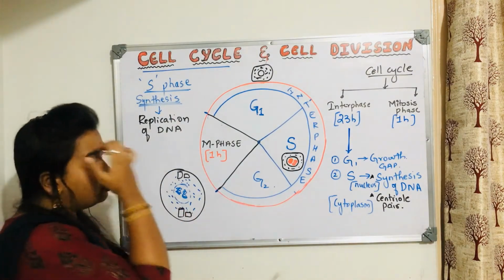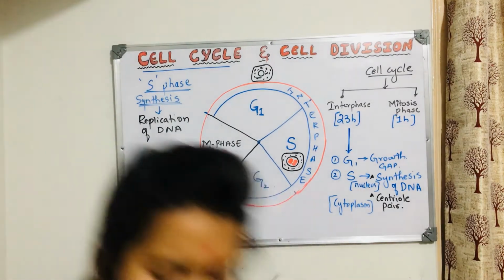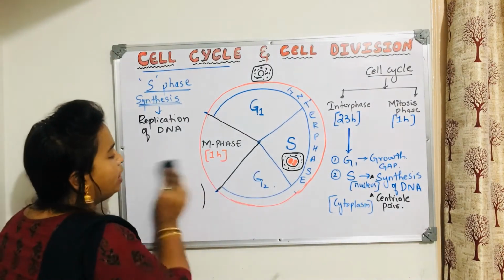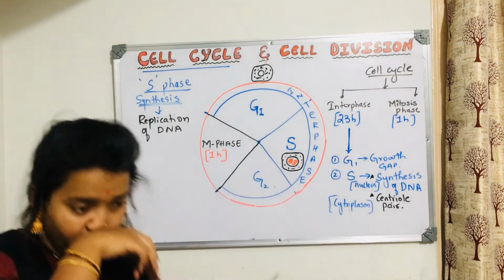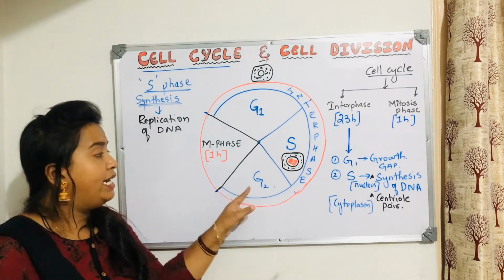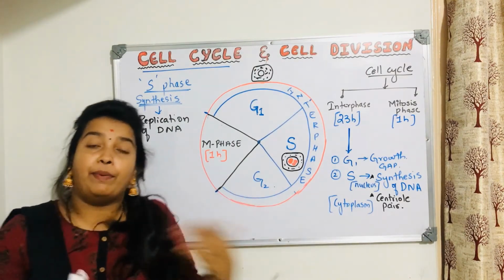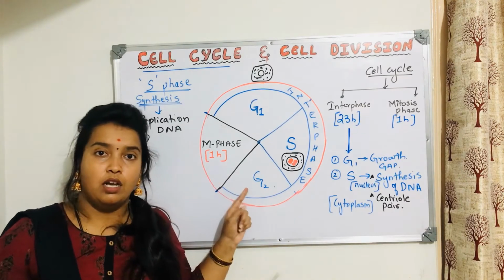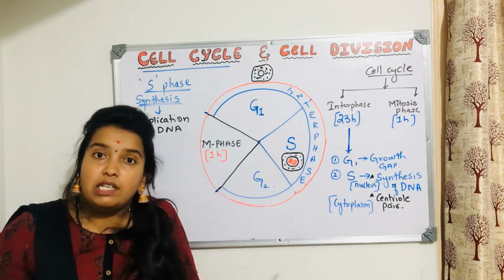Now coming to G2 phase. What will happen in the G2 phase? It is very easy, not that difficult for you to understand. In G2 phase, the main thing is that the cell needs to divide, so this phase is obviously a preparation phase for division. All the proteins are synthesized. Microtubules are synthesized.